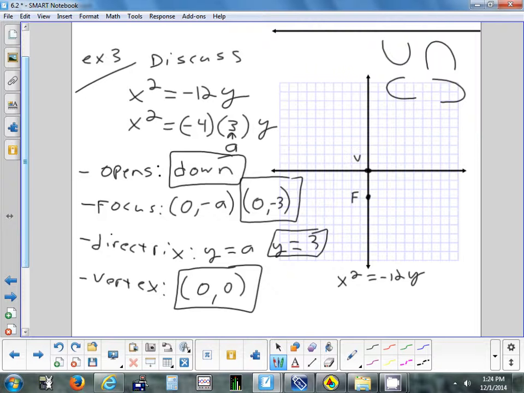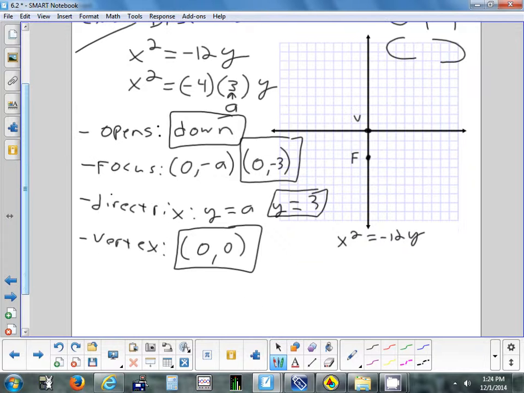Anybody see a good value for y? Yeah, I would do negative 3. It's actually going to work out very similar to the last problem. I'm just picking negative 3 because the answer will come out nice. So x squared equals negative 12 times negative 3.